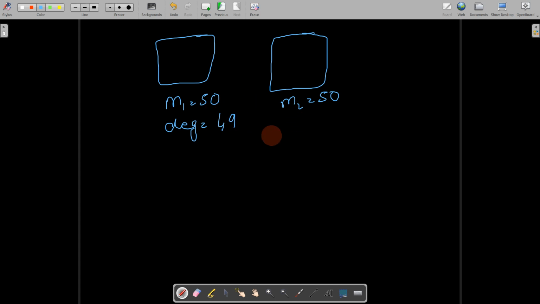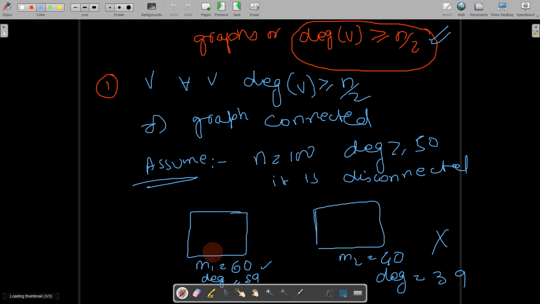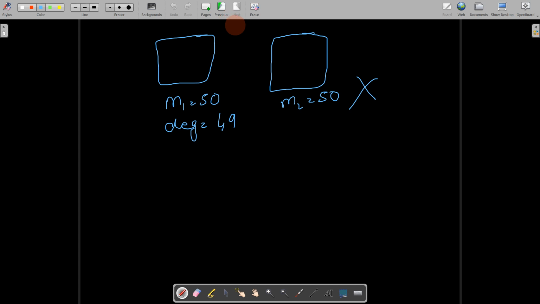But that is less than 50, so that is a contradiction. There are no more possible cases, because the first one we checked had more than 50, and this is the symmetric case when M2 has more than 50 and M1 has less than 50. So we don't need to prove again for that case.